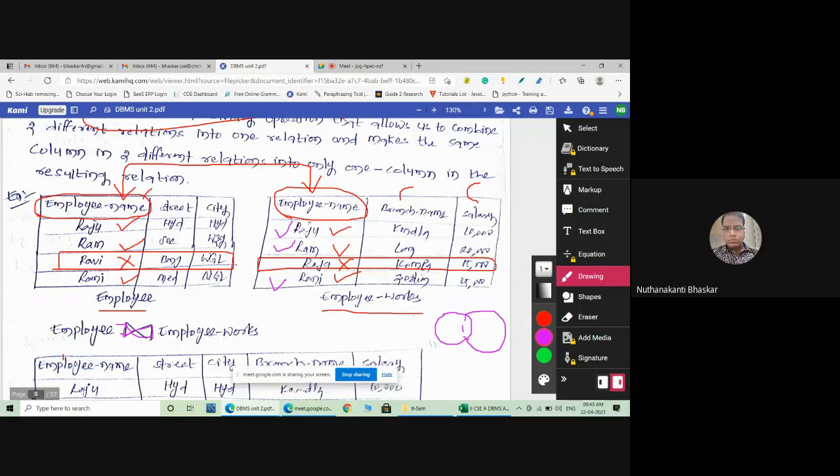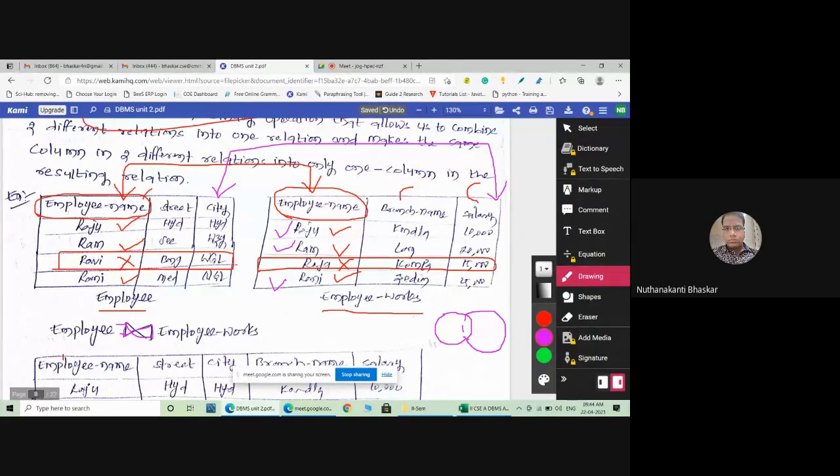Have you understood this? Yes, sir. Now I want to display the city as well as the salary. When we join, yes, we can use the projection operator and display city and salary, not a problem.